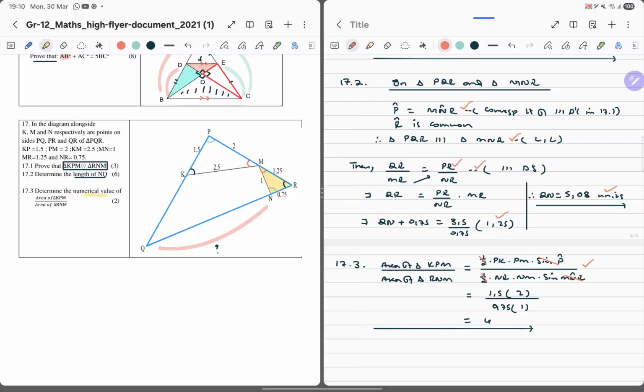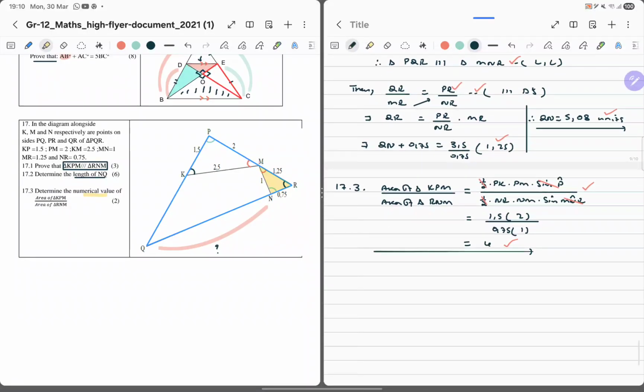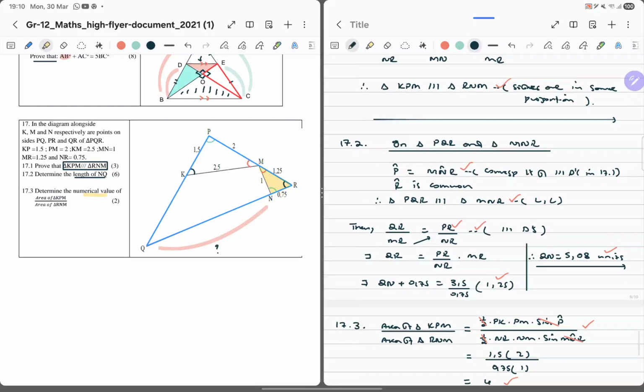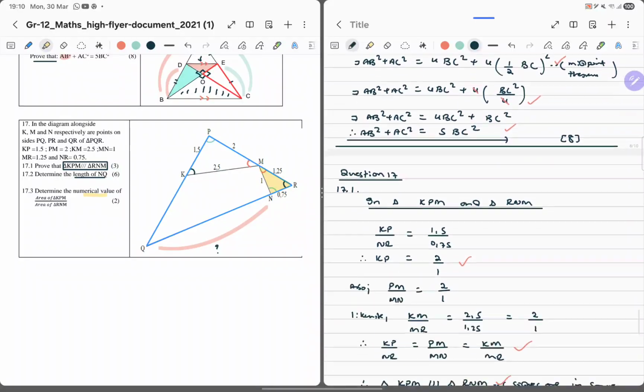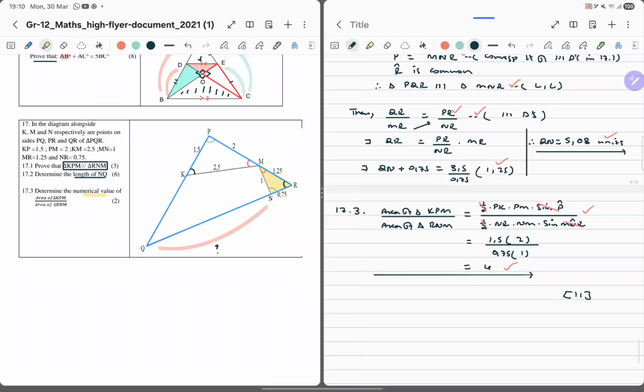So guys, you get a mark for writing the rule and for the answer. The rest was given. So how many marks was this? 8, 11. So of course, guys, you can see some questions look a bit ridiculous, but there's easy marks to score if you just know what to do.